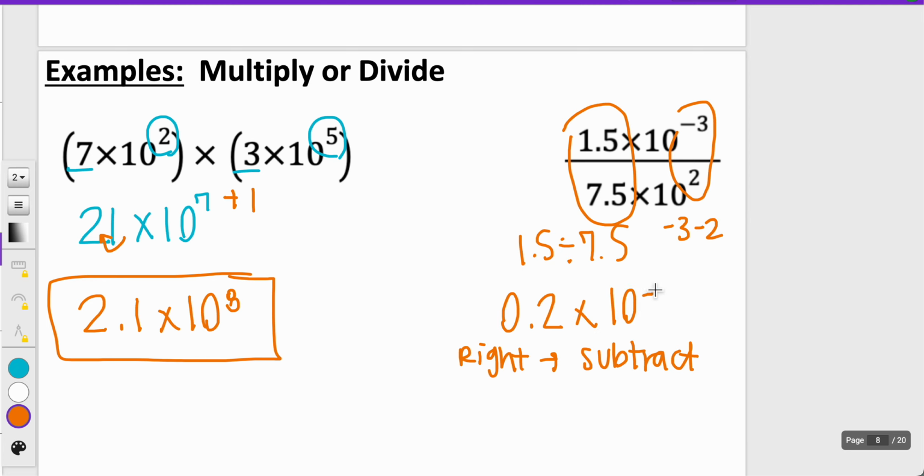I'm going to get 10 to the negative 5th. Now, because I'm already at 10 to the negative 5th, and because I need to move this decimal to the right to make that 0.2 be a whole number 2, because I'm moving it to the right, I'm going to subtract 1, because that's how many times I needed to move it. So I'm going to get 2 times 10 to the negative 6th power.